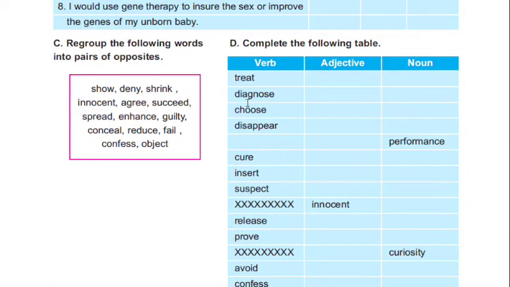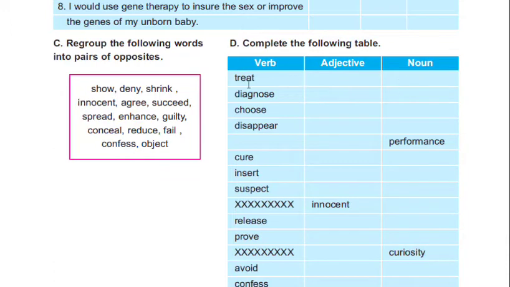Moving on to D and completing the following table with the missing forms. I'm reading them quickly and then we'll go to the summary. Treat is the verb. Treatable or treated is the adjective. The noun is treatment. We can add ment.